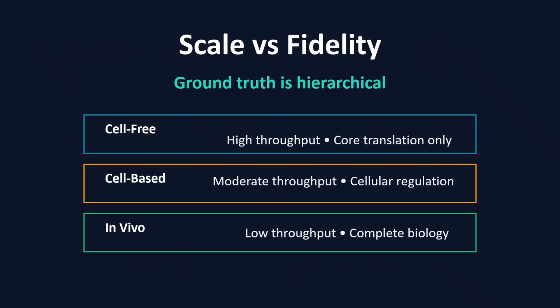Here we can see how experimental systems differ in what they measure. All assays operate along these trade-offs between throughput and biological practicality. When it comes to cell-free systems, they can test large numbers of sequences quickly, but they capture only core translation mechanics. They lack compartmentalization, immune sensing, and many native decay processes generally.